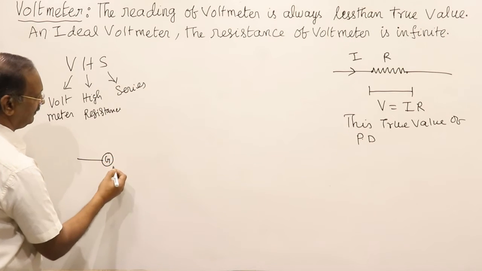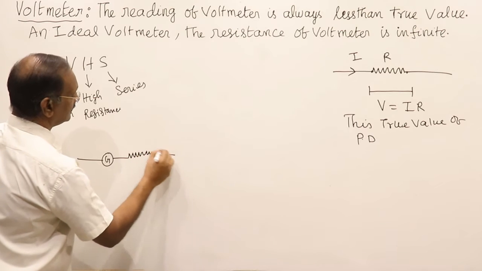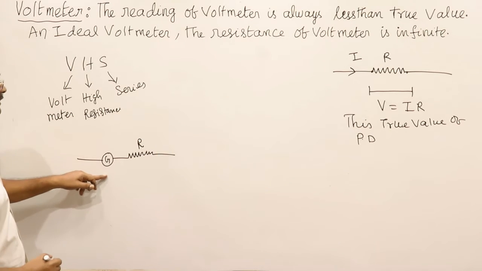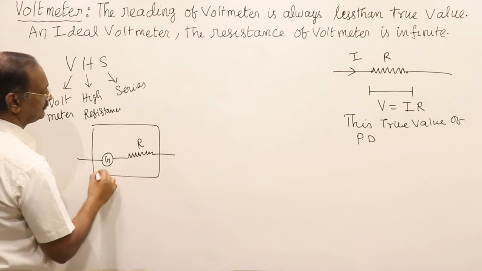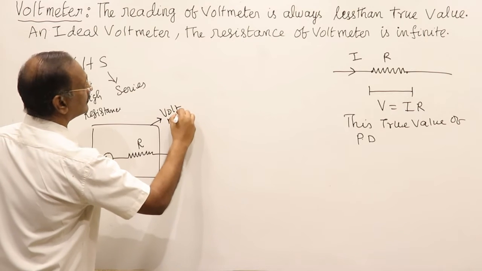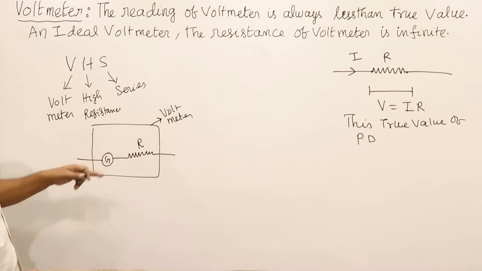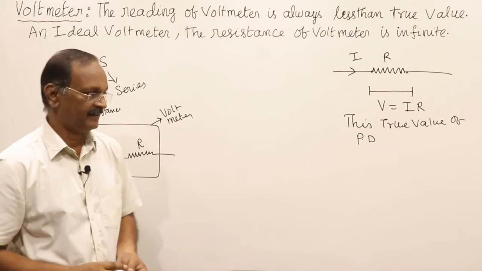With the galvanometer, we connect a high resistance in series to convert a galvanometer into a voltmeter. By connecting a high resistance in series, the galvanometer is converted into a voltmeter.